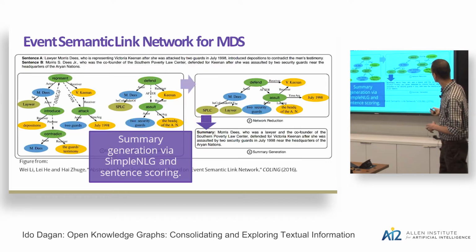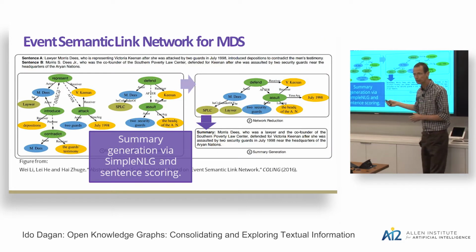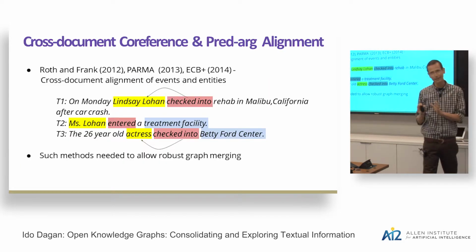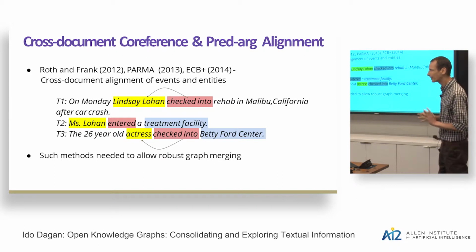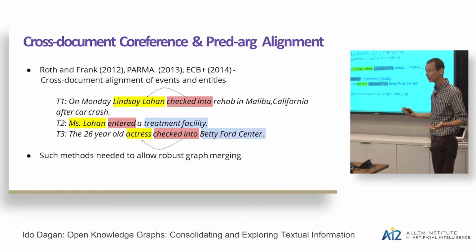And of course, in order to do that, you need to find all these coreferences, and there's been work, again, a somewhat thin thread of work. I mean, there's been a lot of work on coreference, but on cross-document coreference, most work has been just about named entities. Here to do these graphs, you just have to co-refer everything, including events, including common nouns.